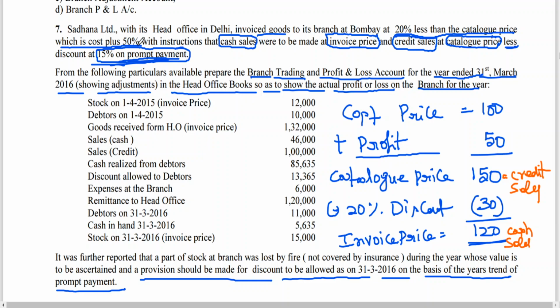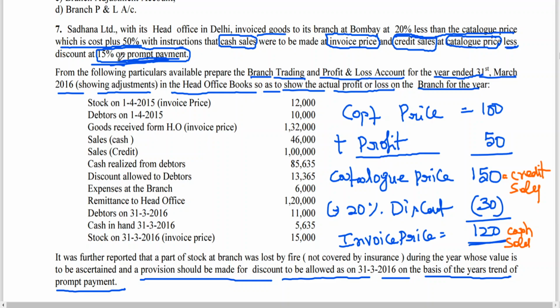Expenses may be paid either by branch or head office, which are to be charged to profit and loss account. That's it. The remaining thing is like a final account. We need not discuss much about it.